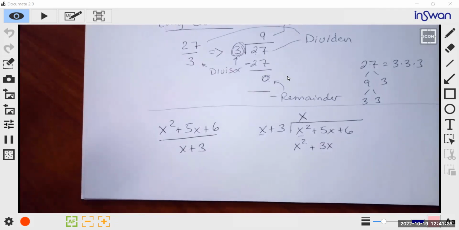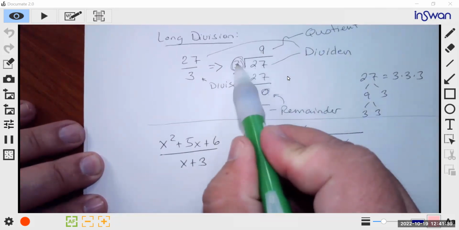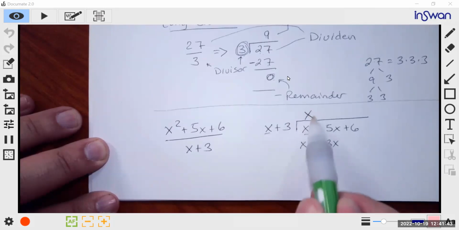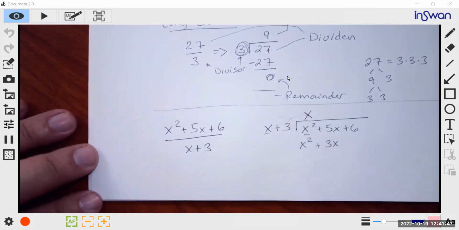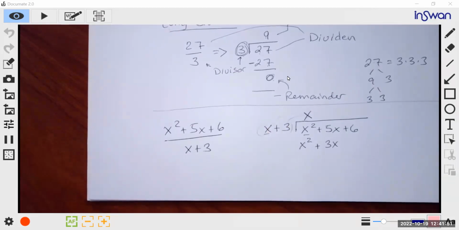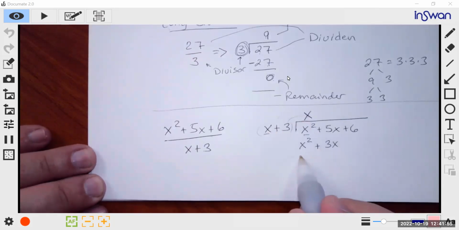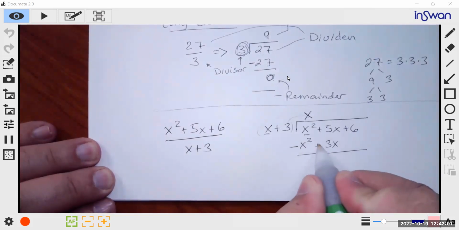So far, so good? Because remember, same as we did this one, we took 9 times 3 and put it down here. Now, since we have 2 parts here, we take what we put up here and multiply it to both of them, because everything here has to get multiplied. So x times x is x squared, x times 3. Now we have to subtract. When you subtract, that means you change their signs.